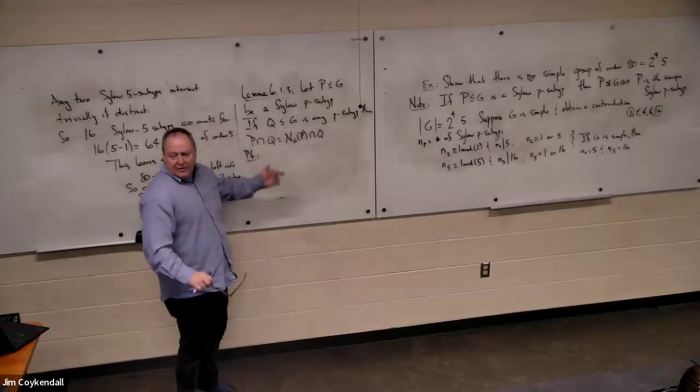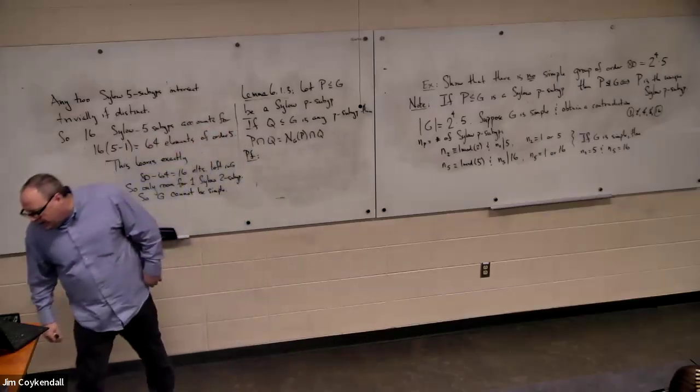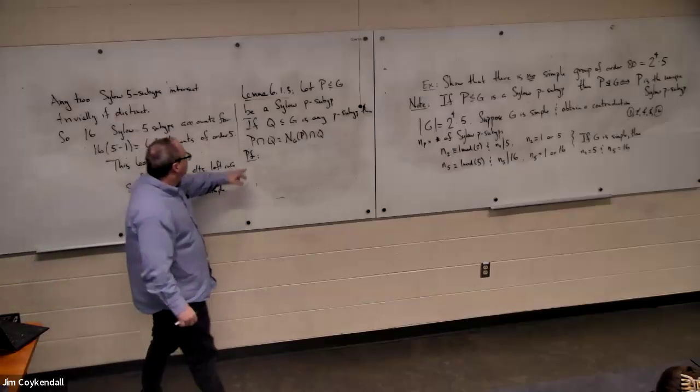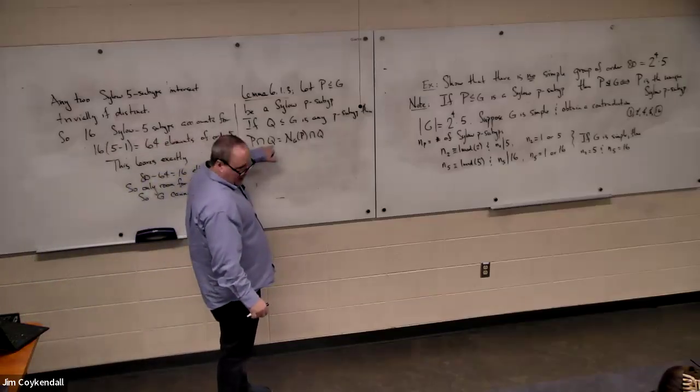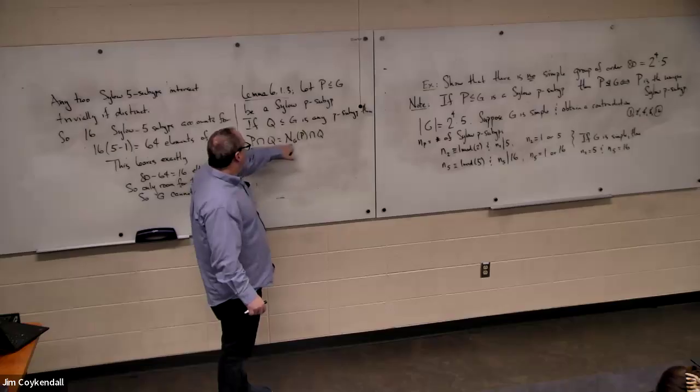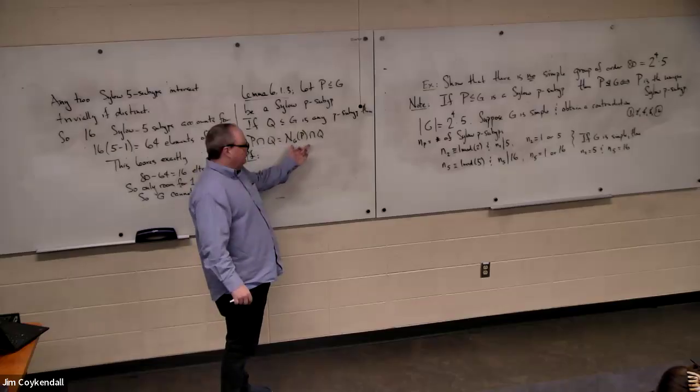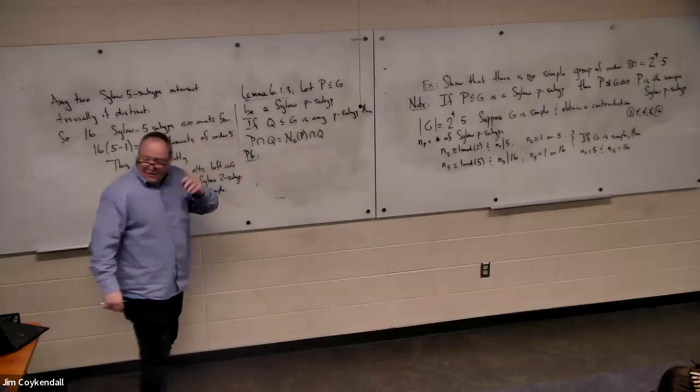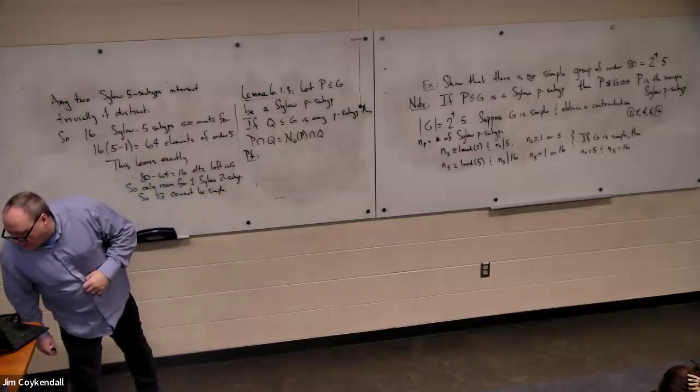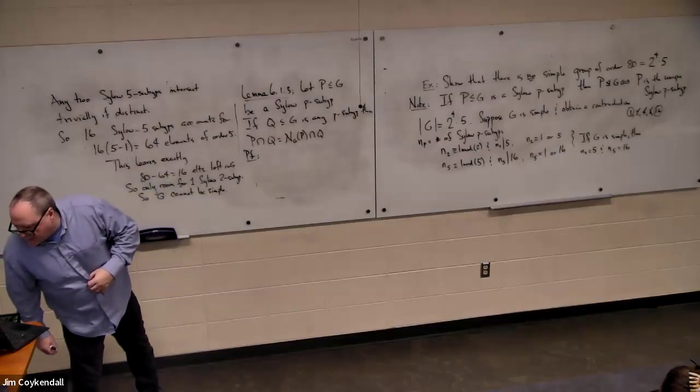What this says is the intersection between the Sylow p-subgroup and some other random p-subgroup is no different than this perhaps bigger normalizer in G of P intersecting Q. You don't pick up any more elements of Q when you expand to the normalizer.